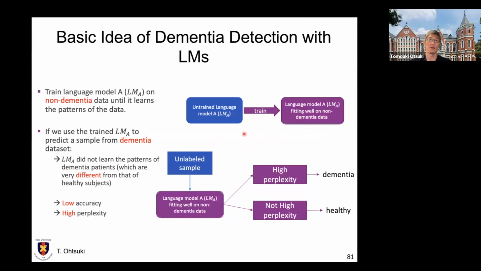If we train on non-dementia or healthy subjects, then the language model fits well on those persons. Then if we put in the data of a dementia person or a healthy person and test, based on the perplexity we can judge whether this person is dementia or healthy. This is the basic idea.